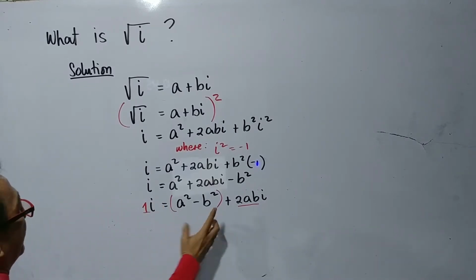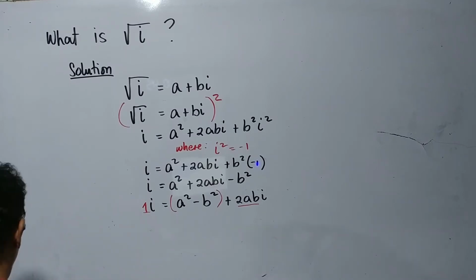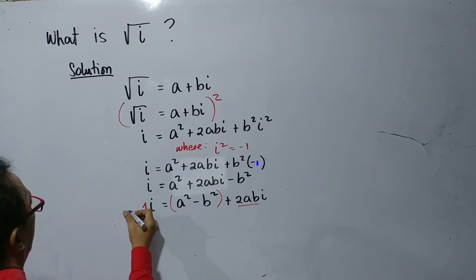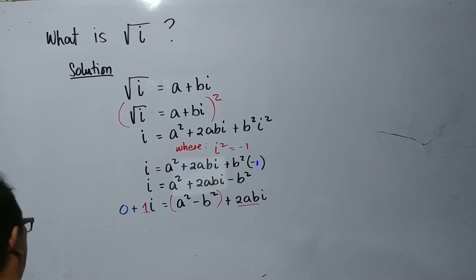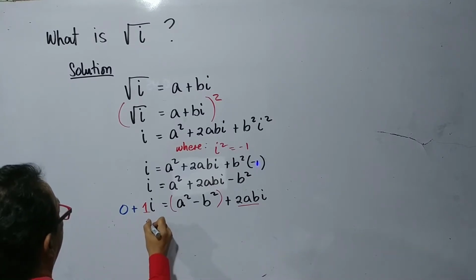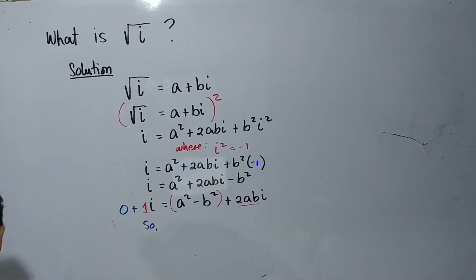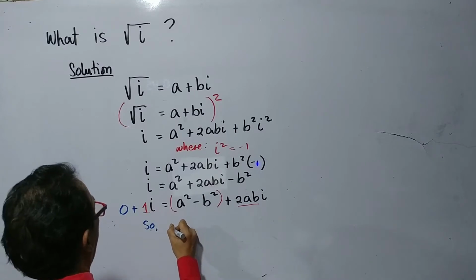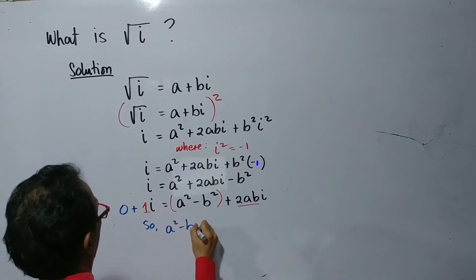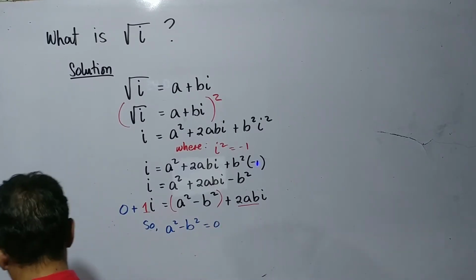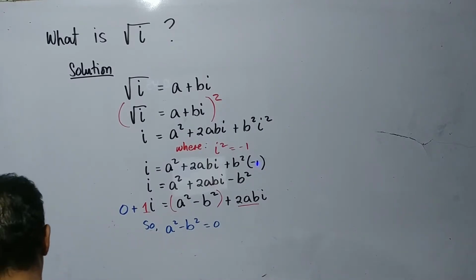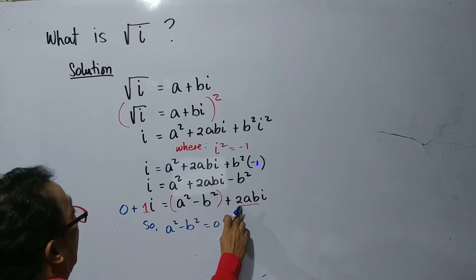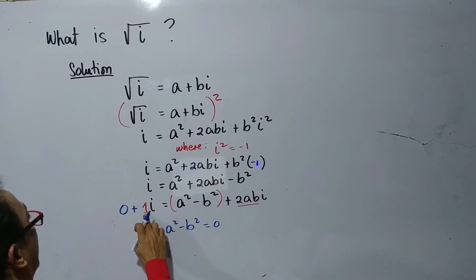How about this one on the other side? We have 0. So, our a square minus b square equals 0, and our 2ab is also equal to 1.